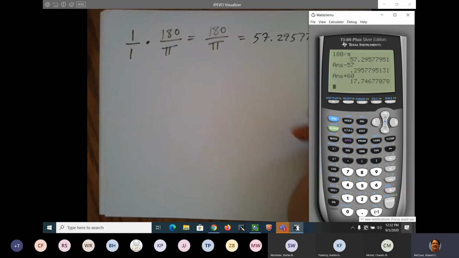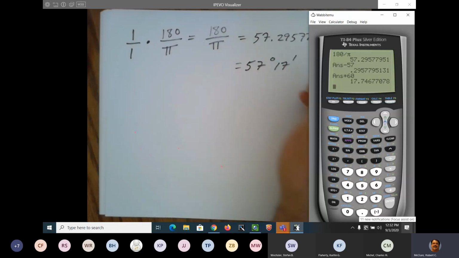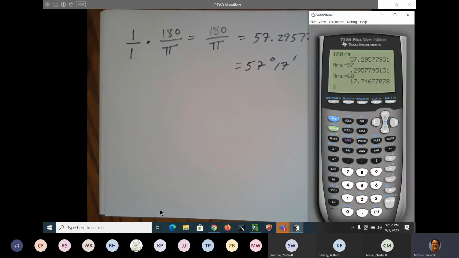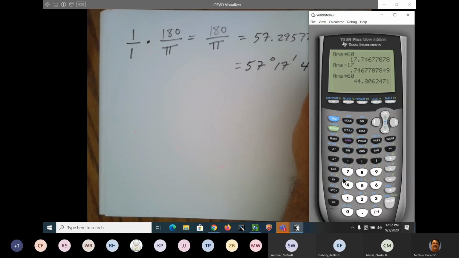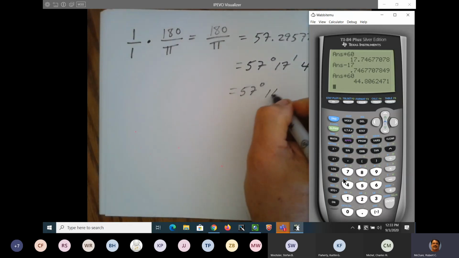And that's 17 minutes. So 57 degrees, 17 minutes, minus 17, multiplied by 60, and that gives me 45 seconds. So that's going to be 57 degrees, 18 minutes.